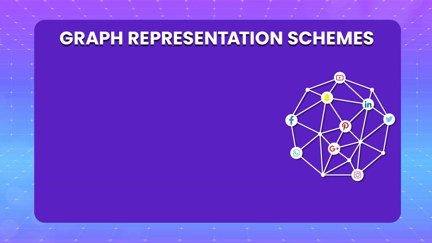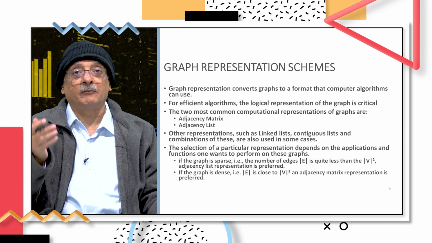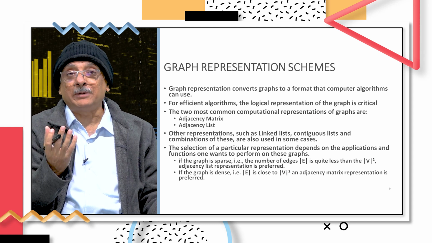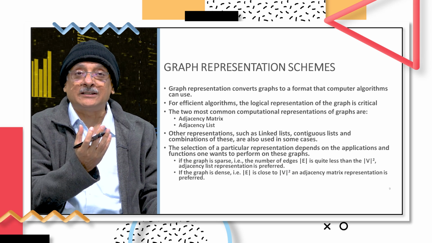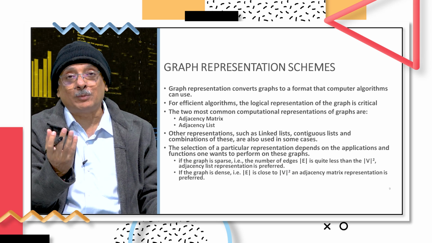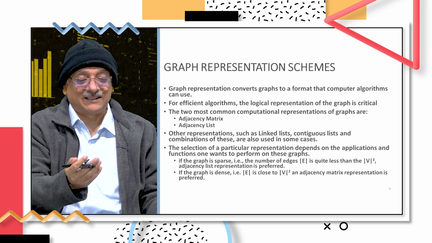Now, let us look into some of the graph representation schemes. What do we mean by graph representation? As we saw, we represented the graph pictorially. Now, that pictorial representation is to be converted into a representation that can be understood by the computer, and that is what the graph representation scheme is.